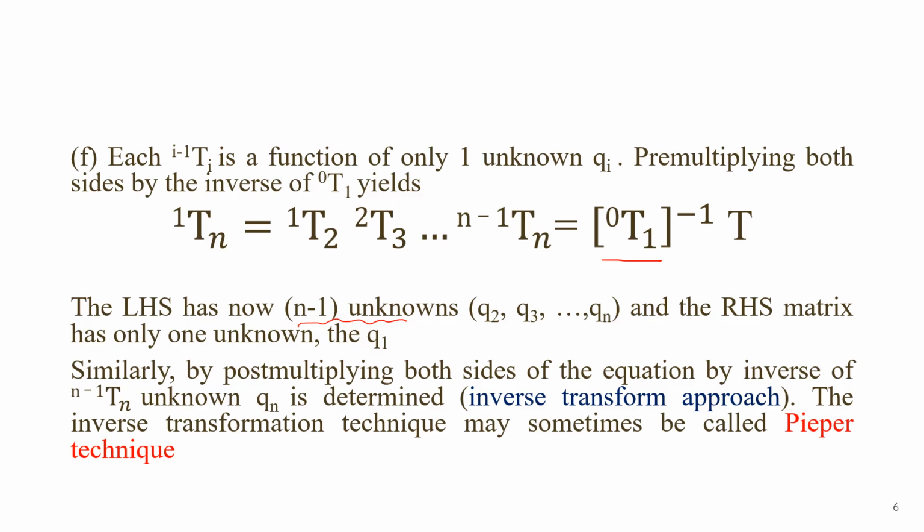Or you can also post-multiply both sides by the inverse of T(n-1)n. That can also be done. This we call the inverse transform approach, and this way of solving it is also called the Piper technique.